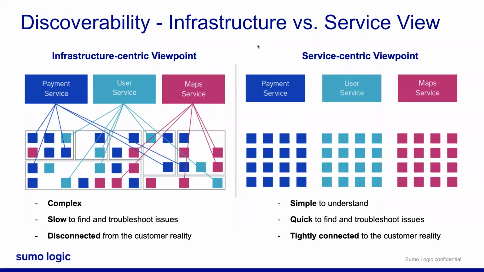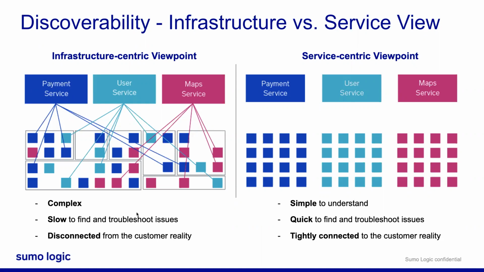So this is where we get to what we're talking about: discoverability. Everything that you saw before, the difference between that infrastructure-centric viewpoint, where I expanded the nodes and all the pods were just scattered around because they need to be that way for redundancy.